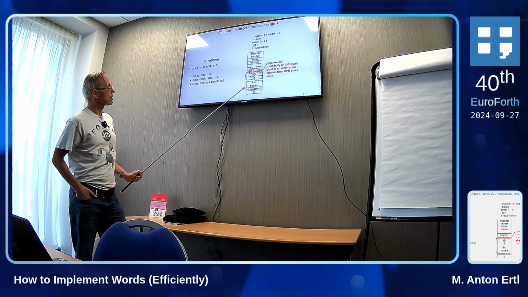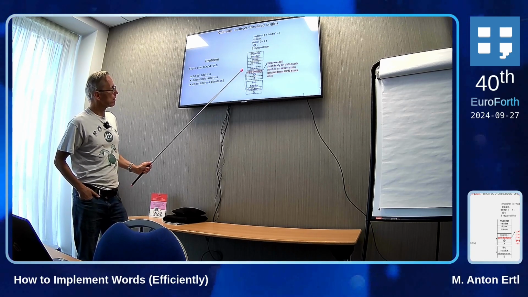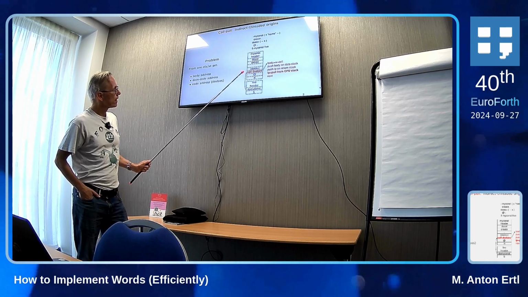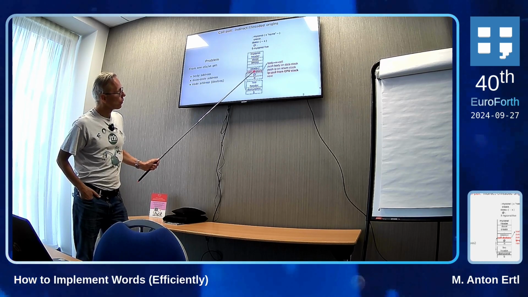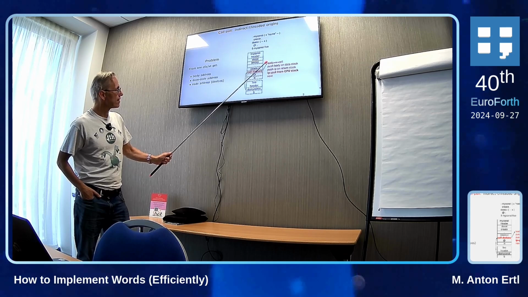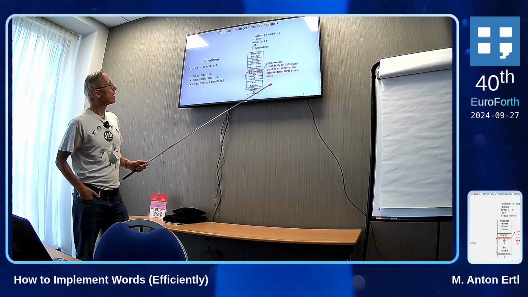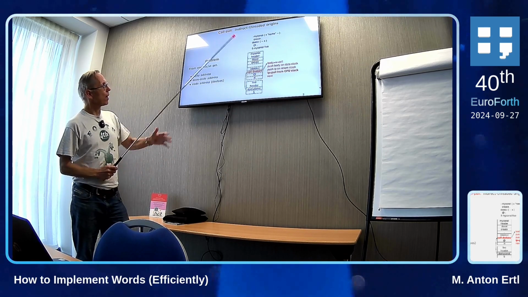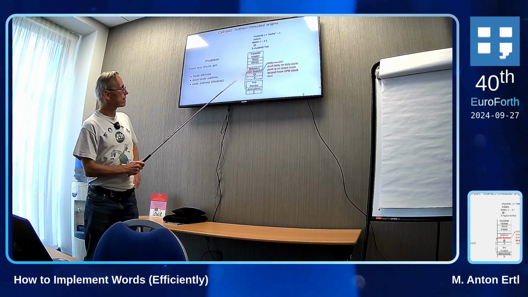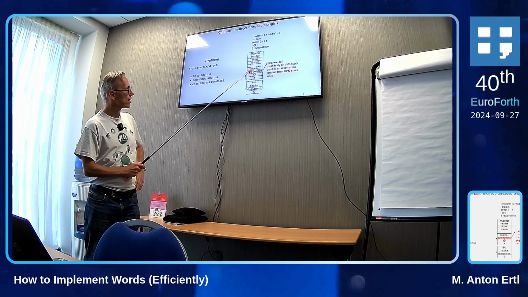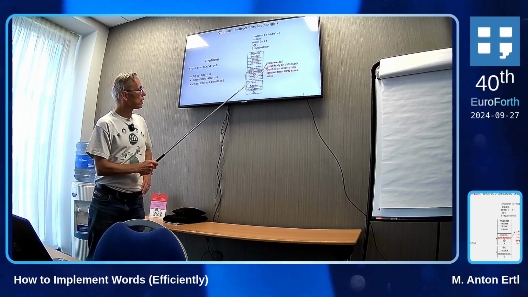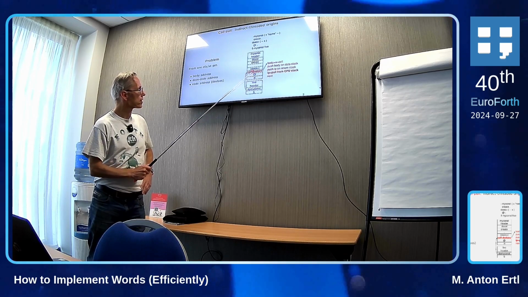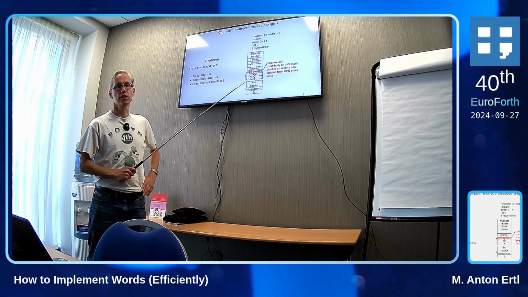Yeah, so basically it points to here. Then the call goes to the do-does, which is here. And how does it get this address? Where does it get this address from? It pulls it from the CPU stack, and that's why we have here a call and not a jump.